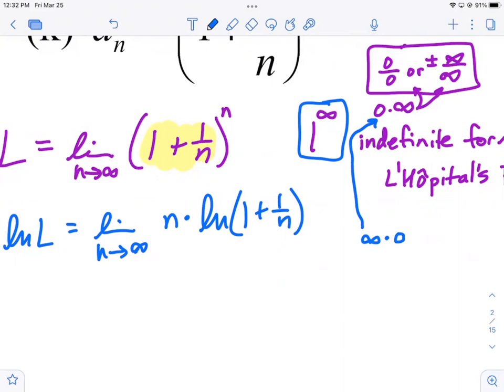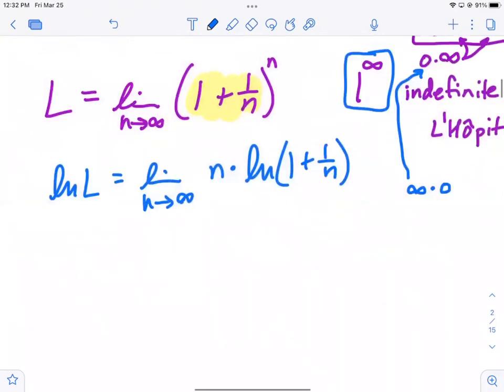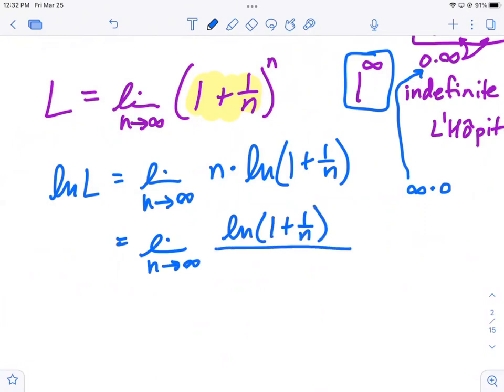So I'm making progress. I've taken it from exponent indeterminate form to multiplicative. And now all I got to do is bring one of these factors to the bottom. And I don't think I want to mess with bringing the natural log to the bottom. So I'll let him stay in the top. And I'll bring the n to the bottom by calling it 1 over n or n to the negative first, either one.